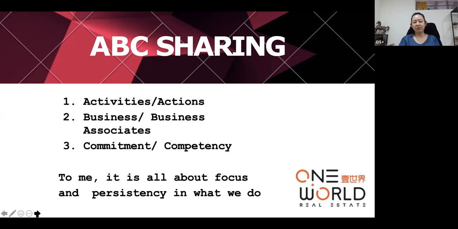Okay, then commitment. Always remember, as a salesperson, you need commitment. You need to commit your time every day to talk, to do your research, to do your customer service, to plan your day. Then you need to upgrade yourself, to come to the training, to build your competency, to know how to create the process, the checklist and everything. All right.